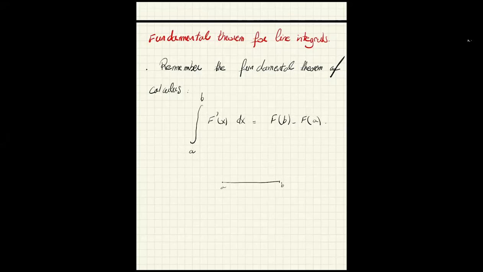You cannot vary the path from A to B in one dimension, unless you introduce some holes, which would affect the integral.